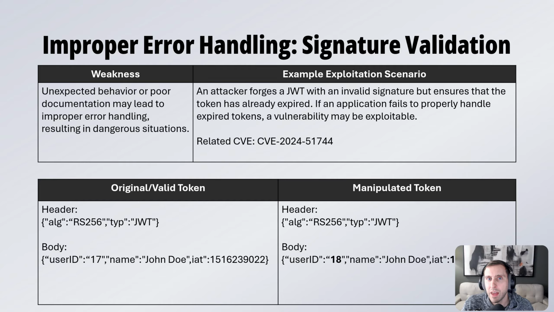It would assume that that was valid, or it wouldn't validate the signature. And in some cases, that could lead to trusting certain claims within it. The CVE, I think, impacted the library, so it's not clear if any applications actually were impacted by this, but it's always worth checking the impact of various error conditions, especially when different issues with the tokens are co-occurring and how the application deals with that.